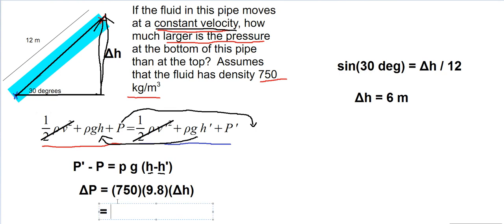We just need to take 750, multiply it by 9.8, and then multiply it by 6. And what you'll get here is 4.41 times 10 to the 4 pascals, which again is the SI unit of pressure. Or alternatively, if you want to deal with a slightly smaller number, you can put this in terms of kilopascals, 44.1 kilopascals. And then you're all set and ready to go.